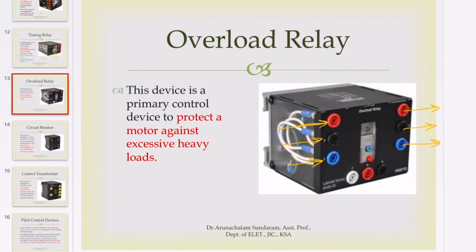This is the control circuit; we don't need it now, I will explain it later. So once I have excessive current drawn by the motor, this device will sense the overload on the motor and it will trip. It will open the circuit.